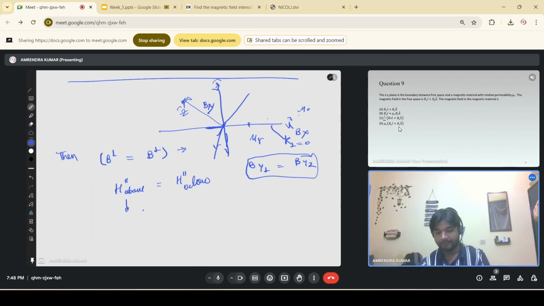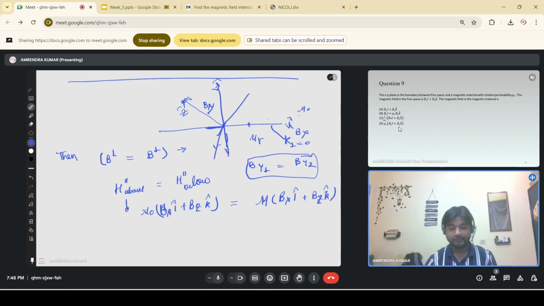So we can write this in terms of mu zero. H parallel is Bx i cap plus Bz k cap, and H parallel below is, with mu r, mu Bx in the material, and Bz k cap, but they are parallel.